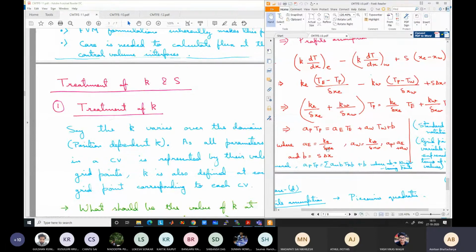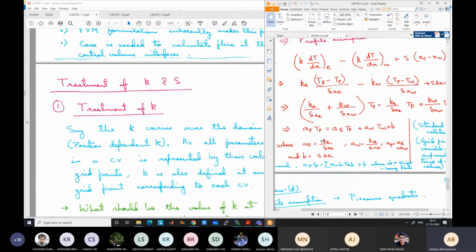So AE, AW, AP depend on KE, KW, meaning interface conductivity. That's why treatment of K is very important, because we are not storing the conductivity at the interface. We store them at the grid points.